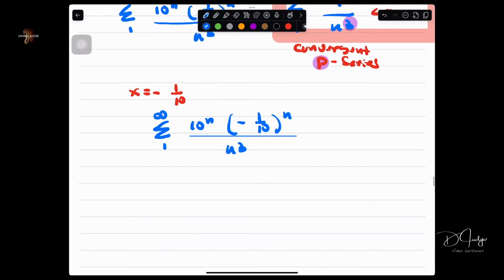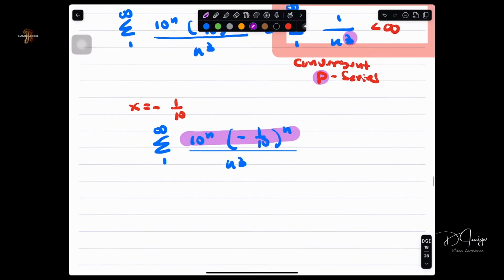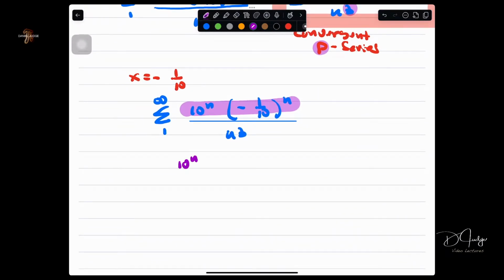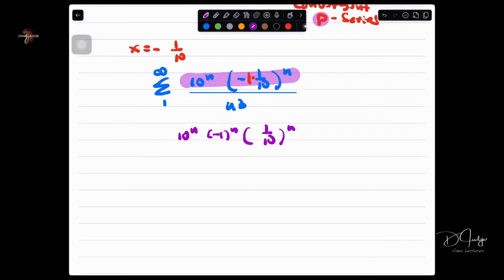So let's dive a little deeper here into the algebra portion and take a look at what that means, in case you were wondering. 10 to the nth, if I distribute my power, if I see this as a product, negative 1 times 1/10, and I distribute the power n by properties of exponentials, that'll give me, again, 1 over 10 to the n.